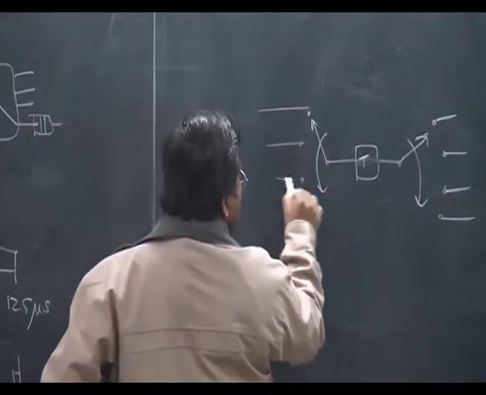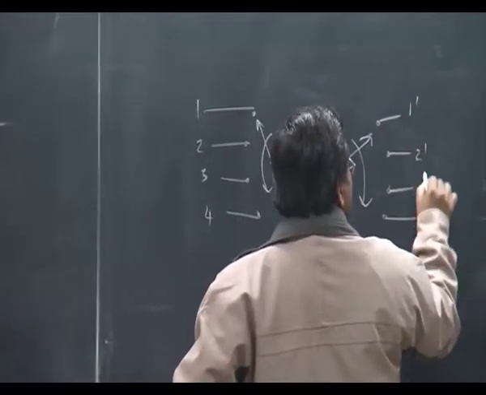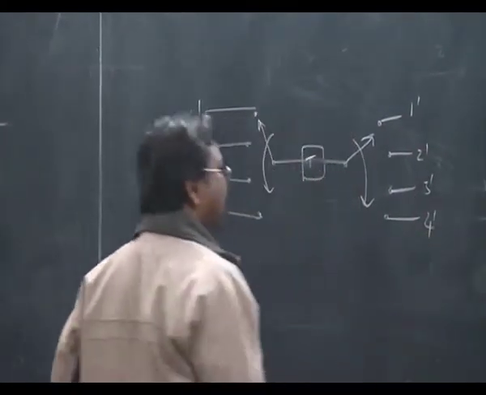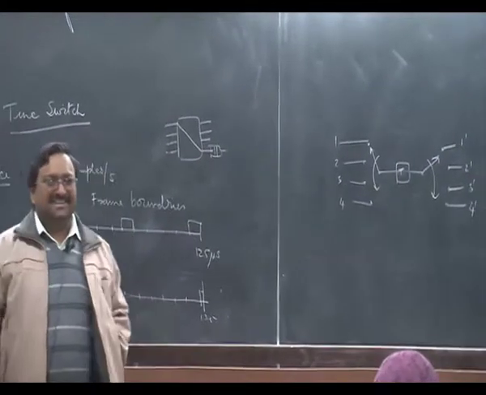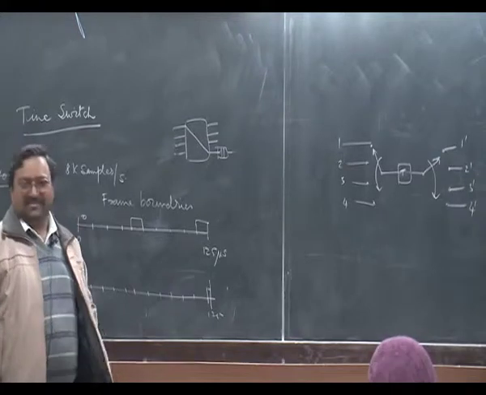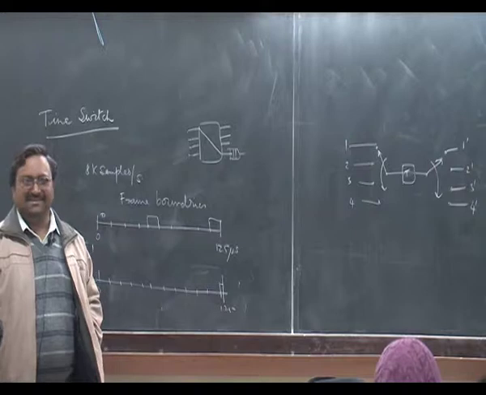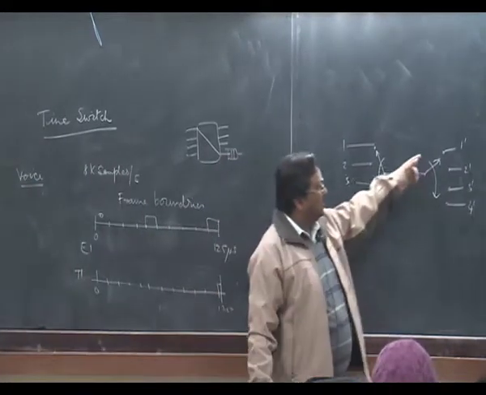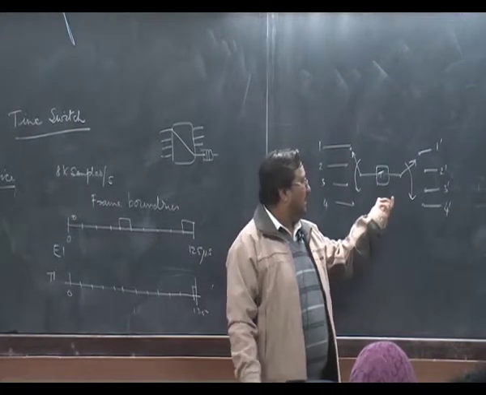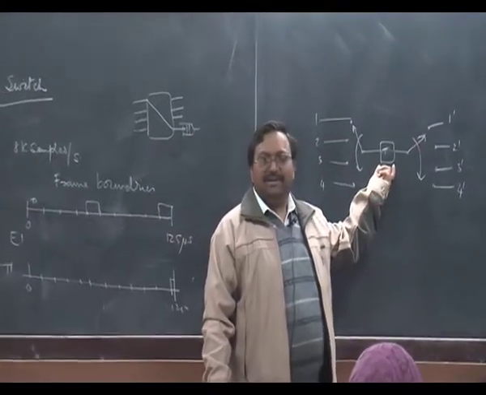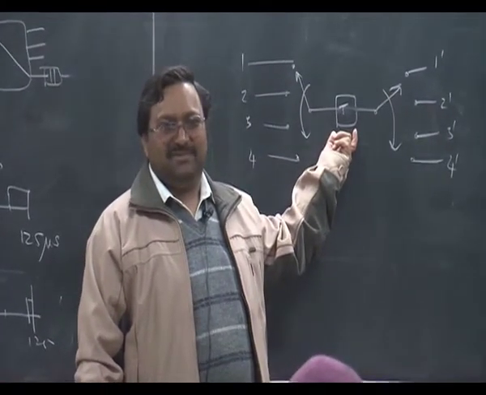And I have 1, 2, 3 and 4. What I have created is that I am still using a time switch, but using a mux and demux, rotary mux and demux. They do it synchronously, remember. It always goes to 1, 2, 3, 4, that also goes to 1 prime, 2 prime, 3 prime, 4 prime. So if I do this, I am able to create a space switch, remember. It is nothing but technically a space switch.